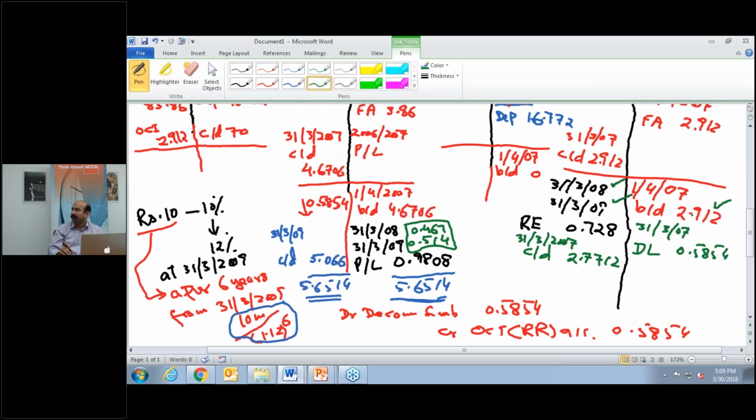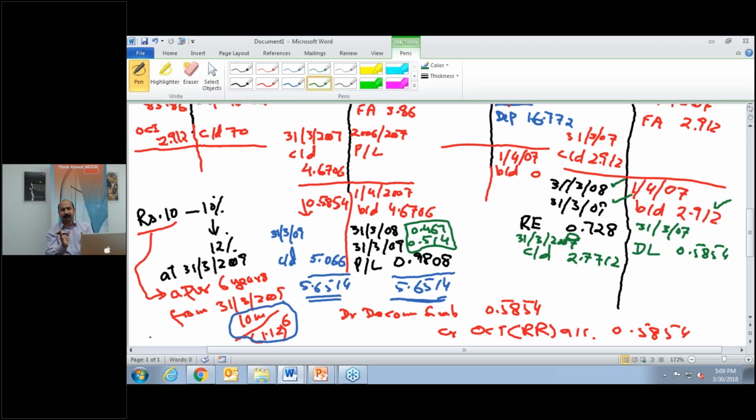So this will give you 0.364 for 2008 and similarly 0.364 for 2009. So when you add them up, this will give you 0.72. Here it should be, I think, 9. Yes, it should be 9. I hope it is clear.